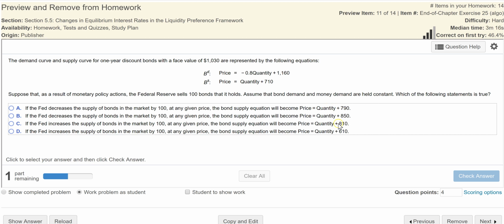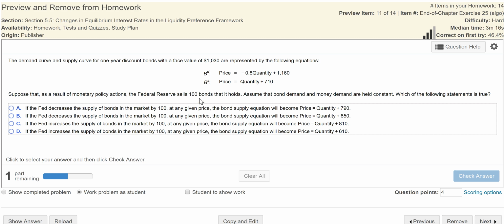So basically, the second part of these 4 choices are all about bond supply equations, but they are all different. And the first part is whether the Fed decreases or increases the supply of bonds. So the setup says the Federal Reserve sells 100 bonds that it holds.